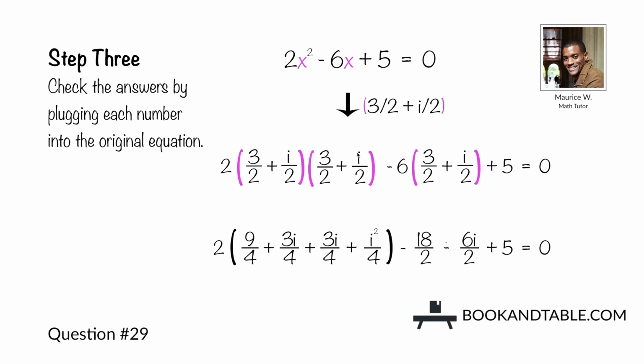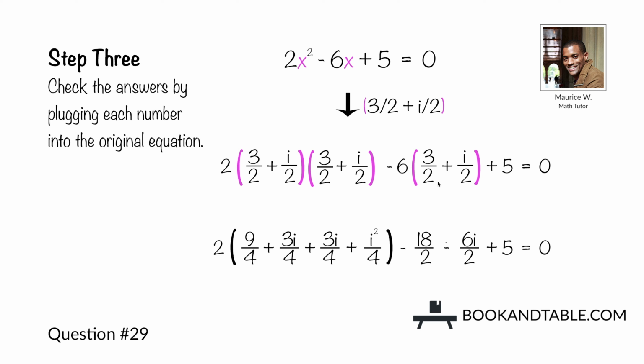Then we have 3 times i, which is 3i, over 4. Then we have i times 3, which is 3i, over 4. Then we have i times i, which is i squared, over 4.